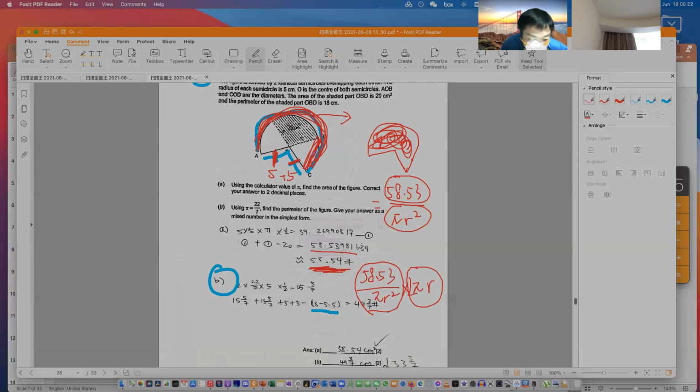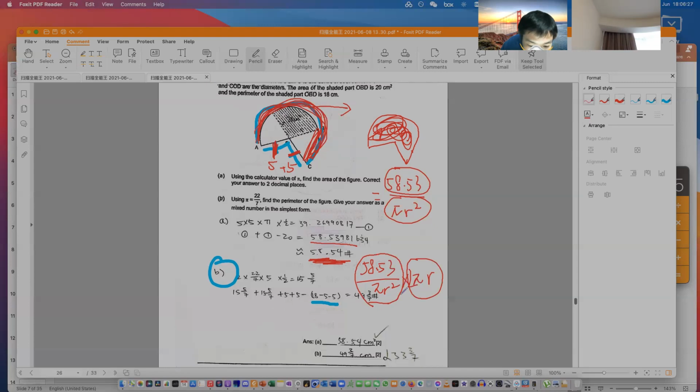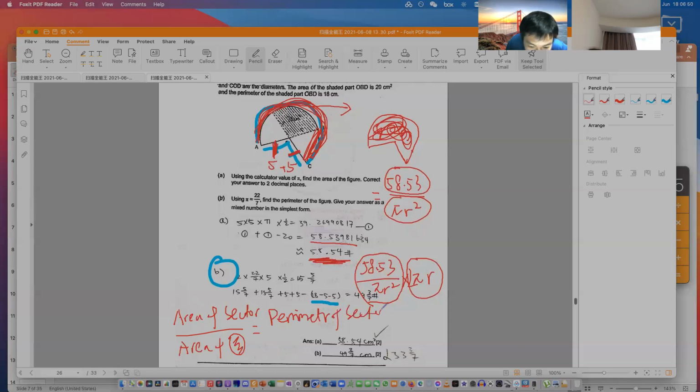Okay, so basically the concept you make use of here is this: the area of the sector over the area of the entire circle has to be equal to the perimeter of that sector over the perimeter of the circle.